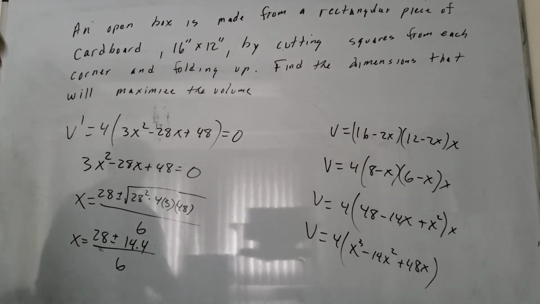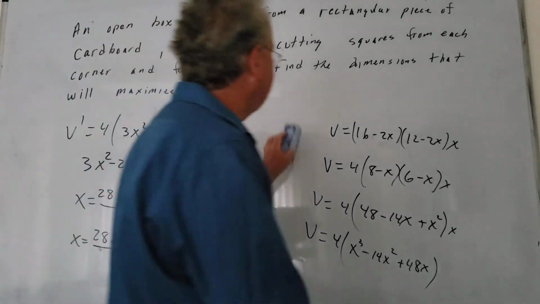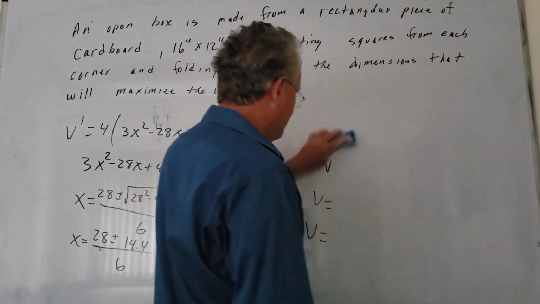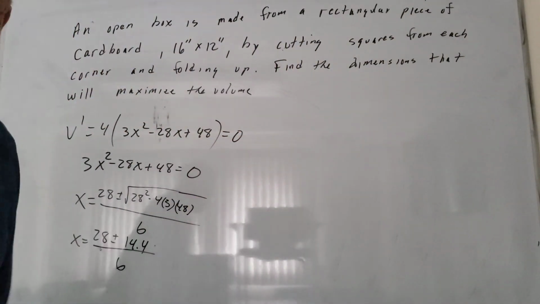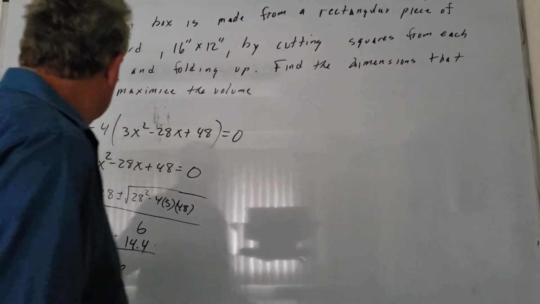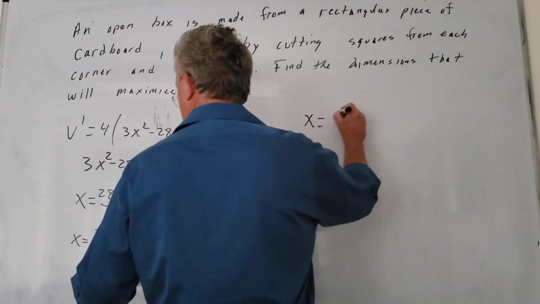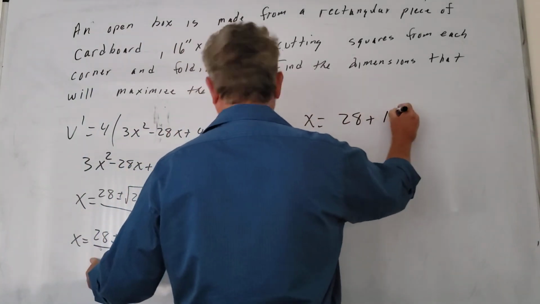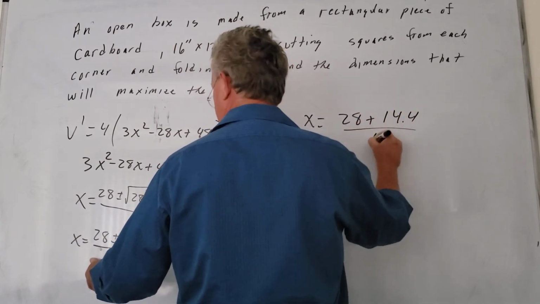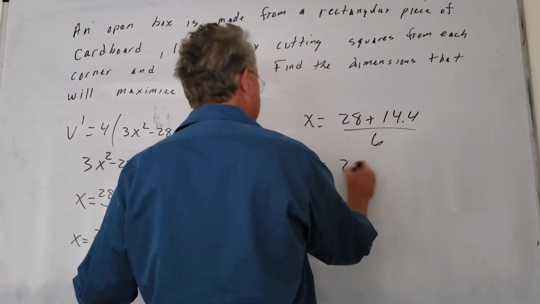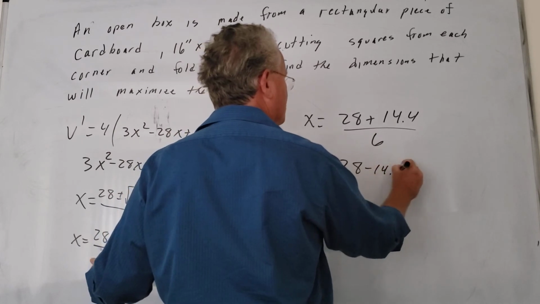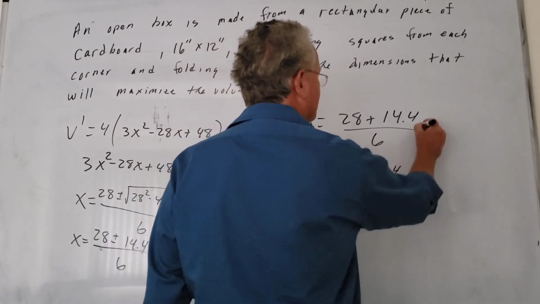So our two answers are 28 plus 14.4 over 6, and the other answer is 28 minus 14.4 over 6.